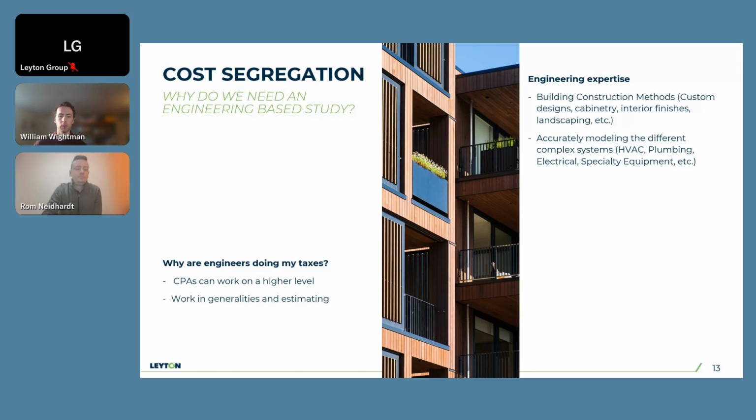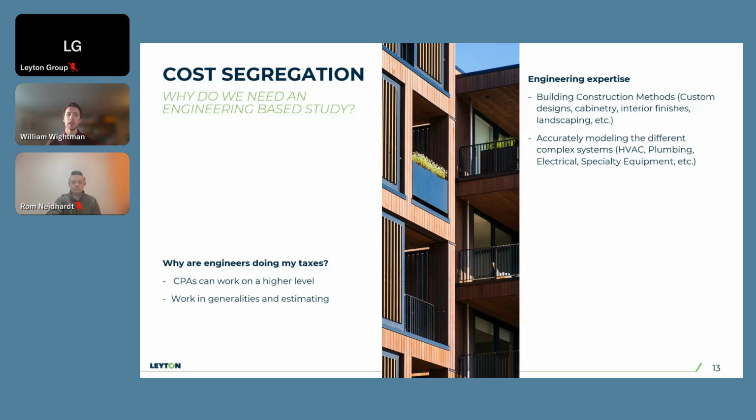If you're not familiar with cost segregation, you may think, why do I have an engineer doing my taxes? Where's the crossover there? The reason is most CPA firms, most accountants, are familiar with taxes. They're familiar with the high level asset classes and tax years, but they don't necessarily have the experience in construction and how things are built, the systems of a building, and how those are put in place.